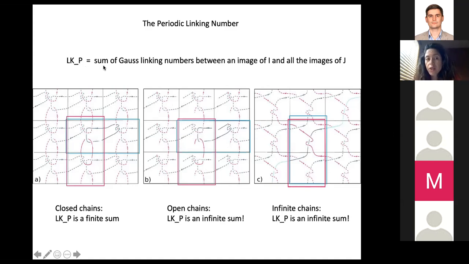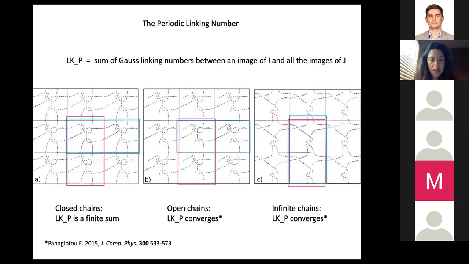So we want to account for all of that in this sum of linking numbers, according to our definition. So is our definition valid? Does it make sense to define this? And indeed, it is an infinite sum, I explained, but we proved that it converges. Okay, so we are satisfied with this definition. It has all the nice properties for a linking number in periodic boundary conditions.